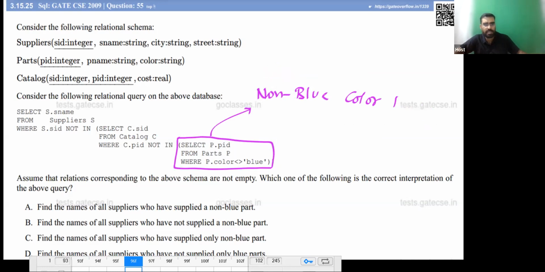Actually, this is not bots, this is parts. This is the PID of non-blue color parts, the parts which are not blue. Okay, so then finally, what is this?